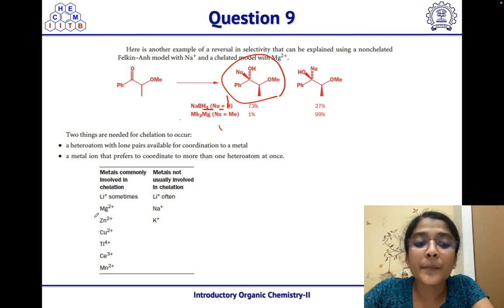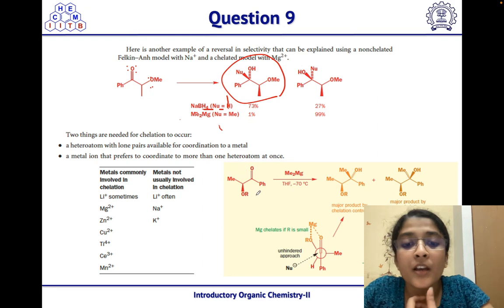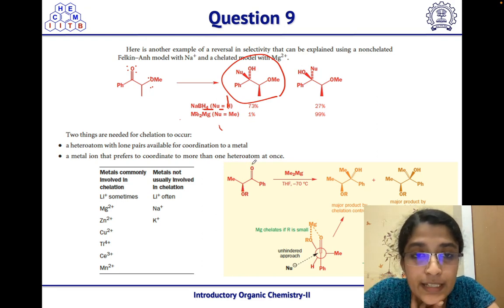So when these metals are present in the system, there is a chance for chelation, and one heteroatom having lone pairs is necessary to coordinate with the metal. Here, this oxygen and this oxygen are having lone pairs of electrons. They can coordinate with the metal ion, and it will result in chelation. So it will give the opposite isomer. We can see how. This is an example similar to our question.